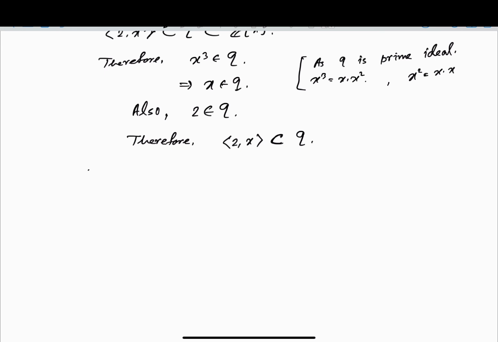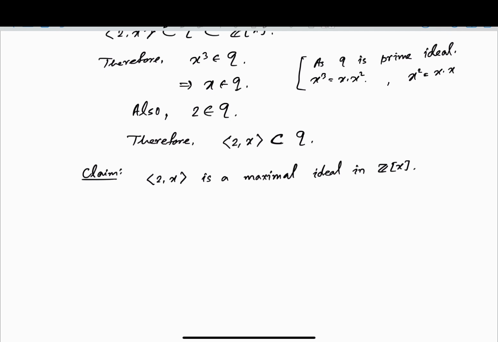Now claim that (2, x) is a maximal ideal in Z[x]. Then what will happen? If it is a maximal ideal, then it must be Q, because Q is containing (2, x).